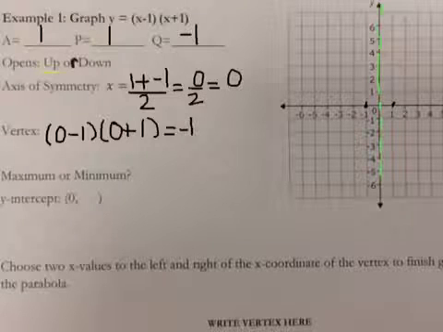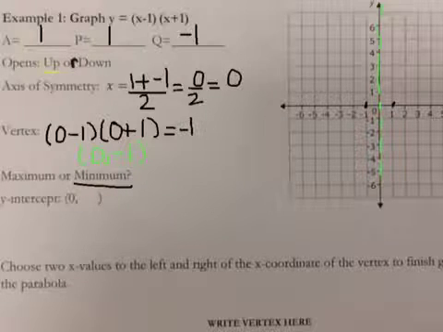So the coordinates of the vertex will be 0, negative 1. Because the a value is positive and the graph opens up, we know we have a minimum. This time, your y-intercept and your vertex happen to be the same point, which we found earlier: the point 0, negative 1.